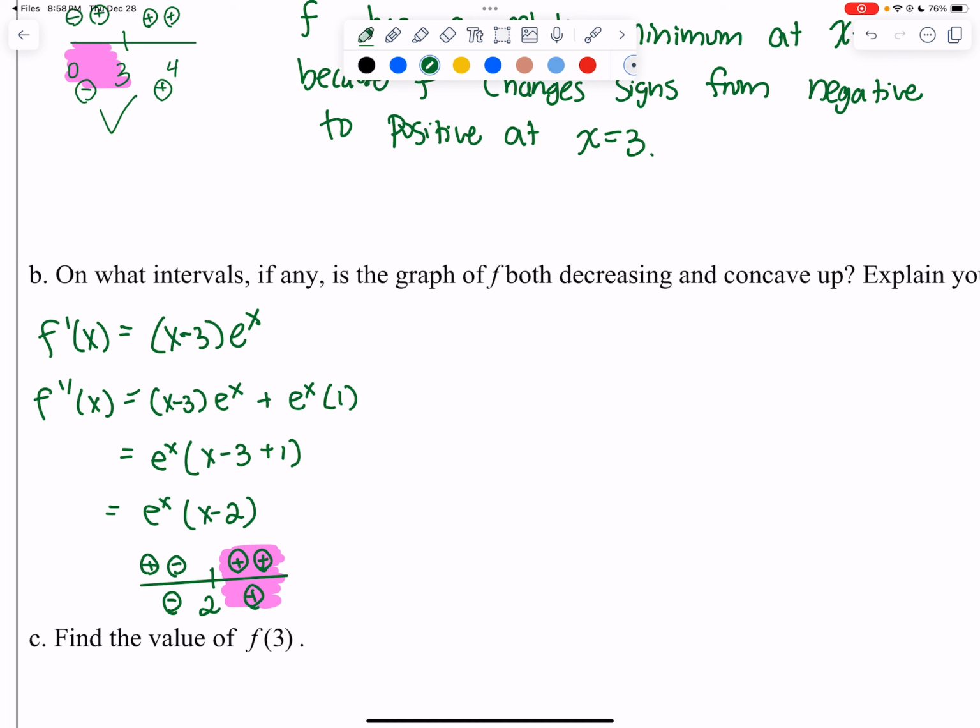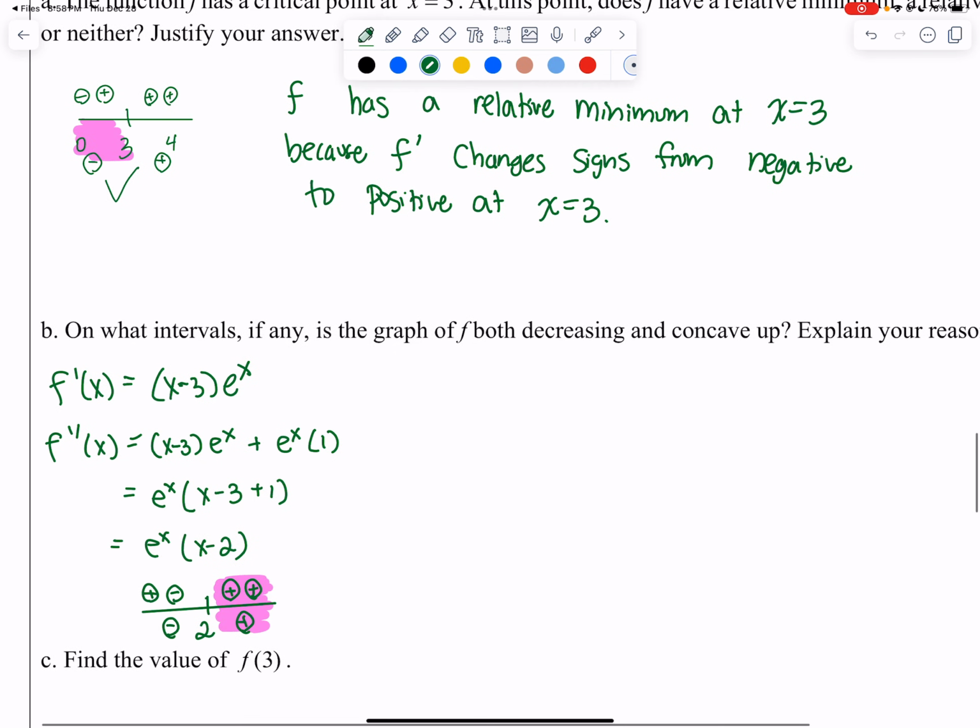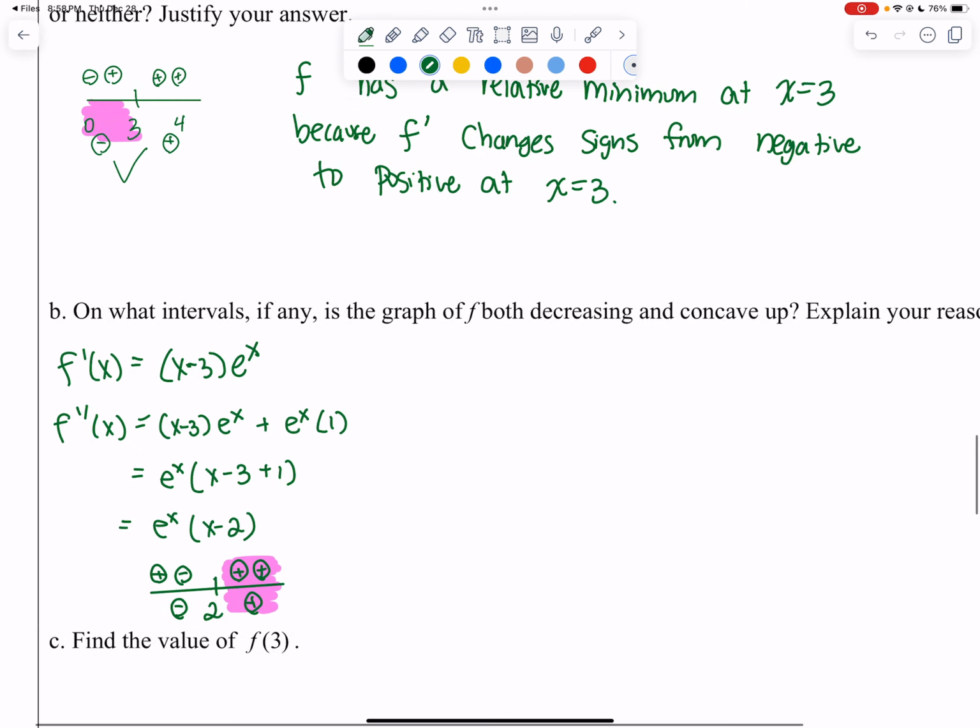So your little justification needs to have both decreasing and concave up.